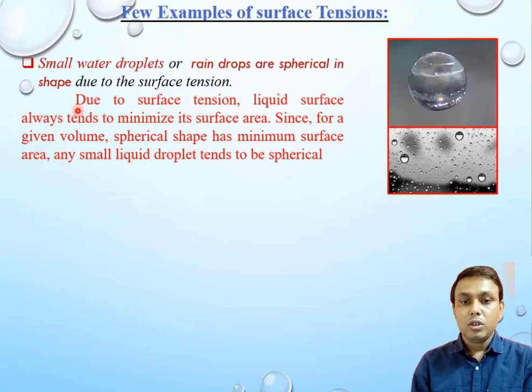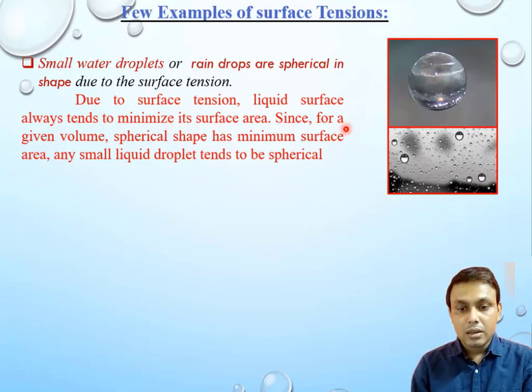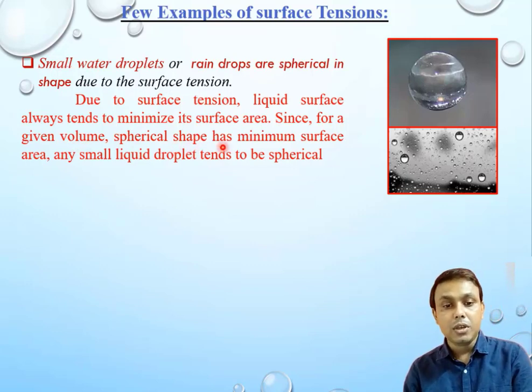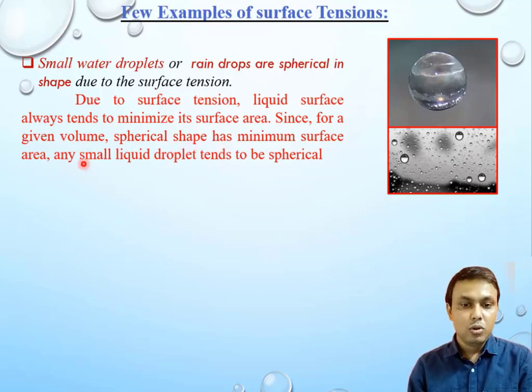What is the cause behind this? Due to surface tension, the liquid surface always tends to minimize its surface area. Since for a given volume, a spherical shape has minimum surface area, any small liquid droplet tends to be spherical.